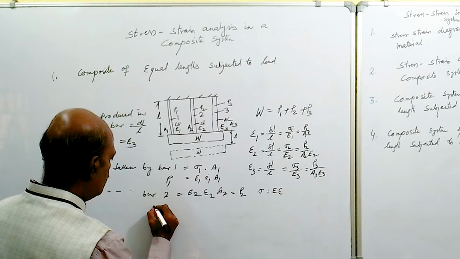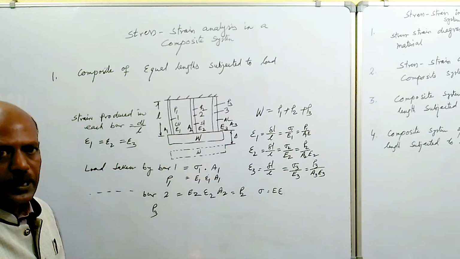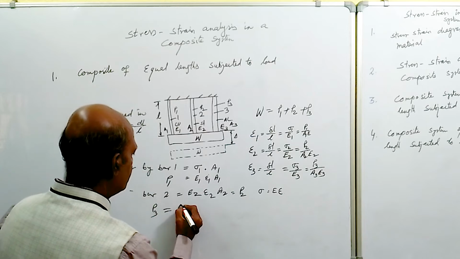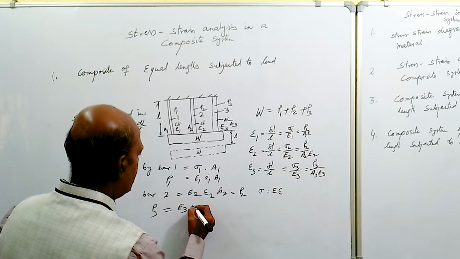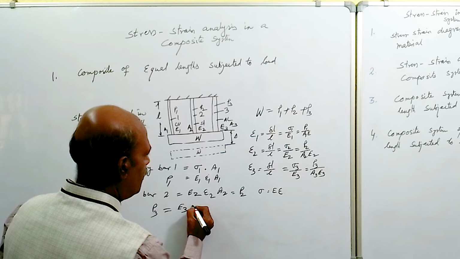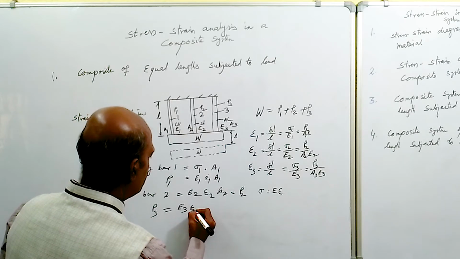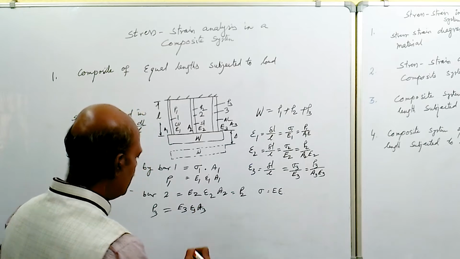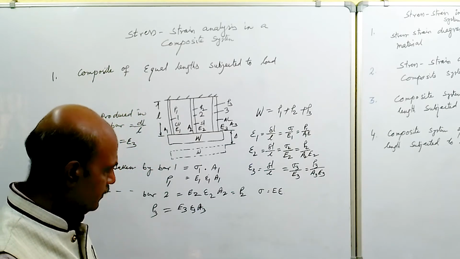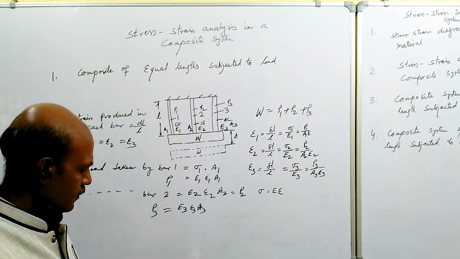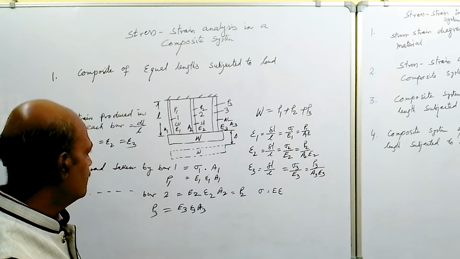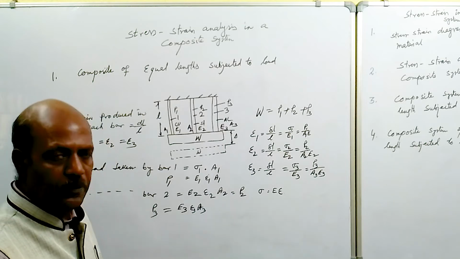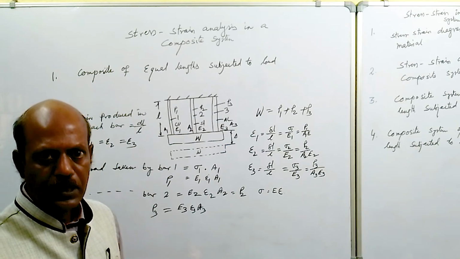And P3, the load taken by bar 3, is given by E3 into epsilon 3, or dl by L, into A3, so that is equal to P3. So once we know P1, P2, P3, we can easily find what is the stress developed in bar 1, bar 2, bar 3.